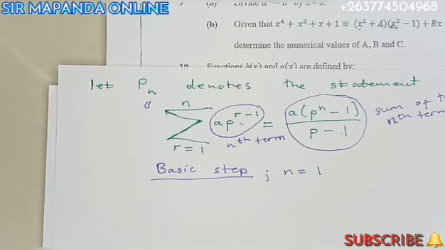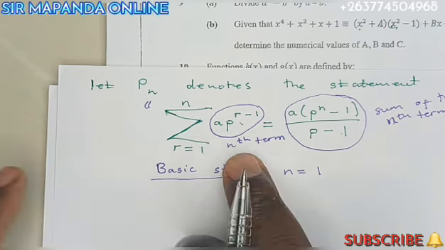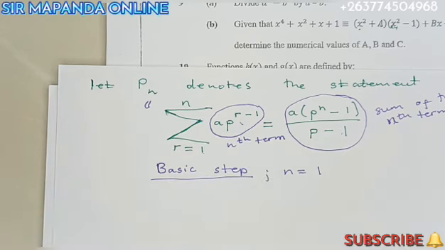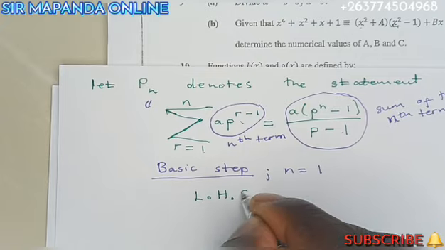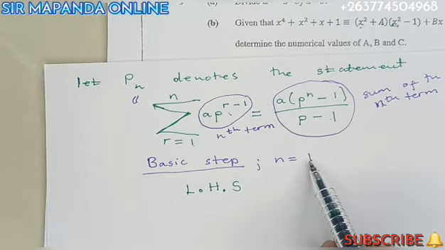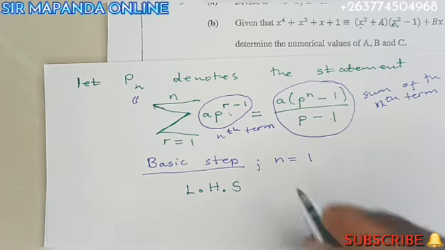Right. Let us proceed. So to prove that Pn is true, the left side where terms are found must be equivalent to the right side where the sum of the first term is found. So I'm going to start with the left-hand side. On the left-hand side, I'm going to put 1 on r to find the first term.